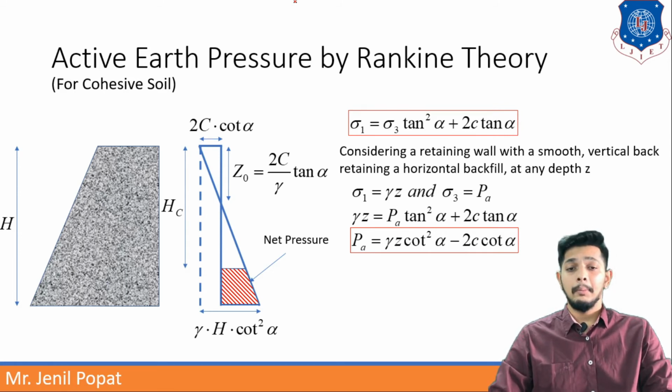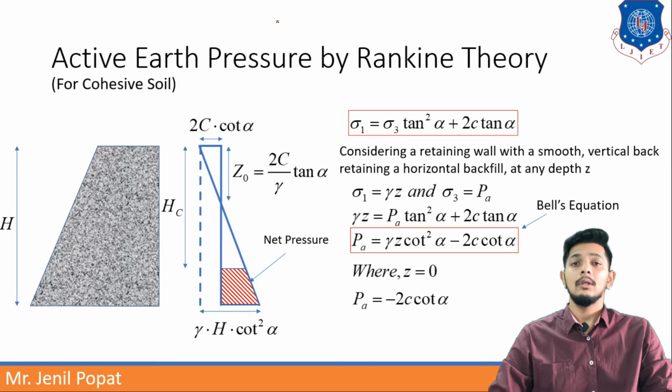Now, we have to remember both these equations, and I will mark the equations which you have to remember. Furthermore, this equation is known as Bell's equation. Now, if I want to find out the pressure at ground level, or the top of the retaining wall, where the depth z will be 0, I can put z equal to 0 here.